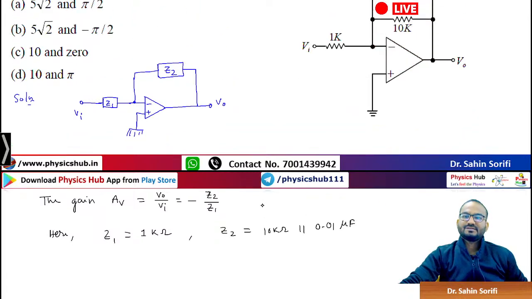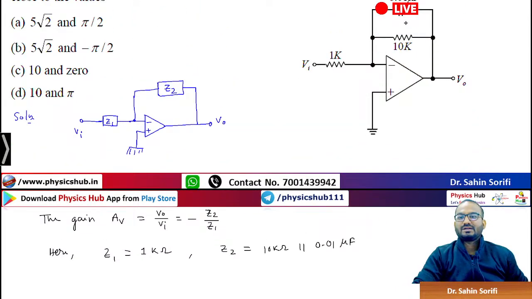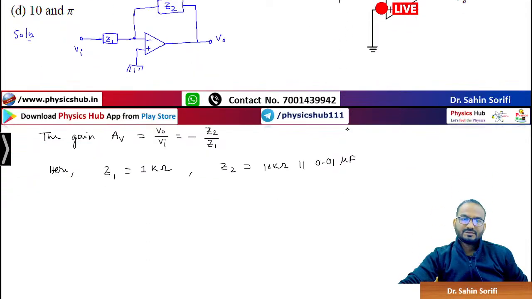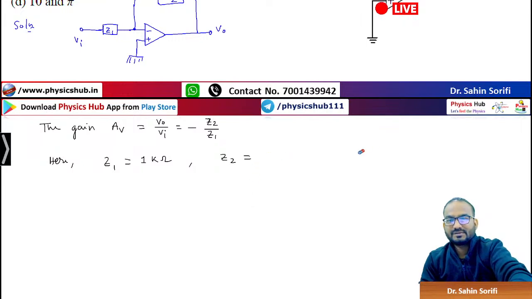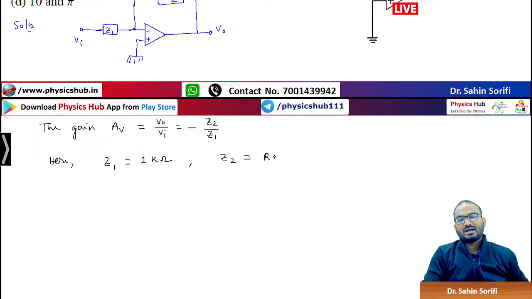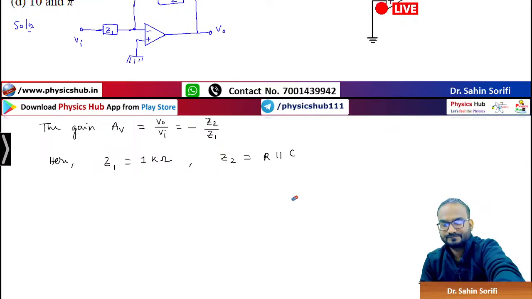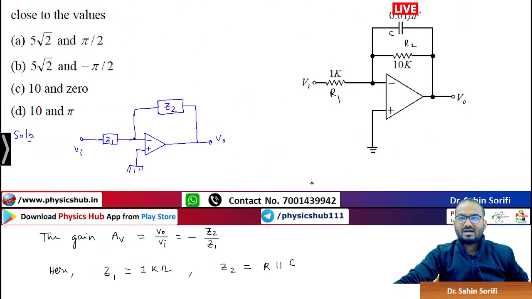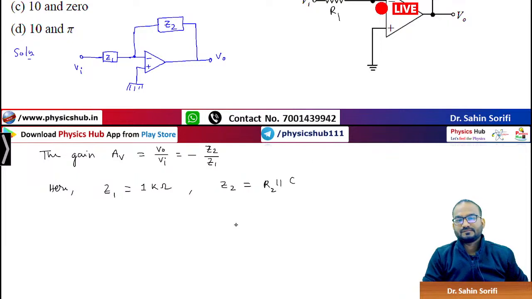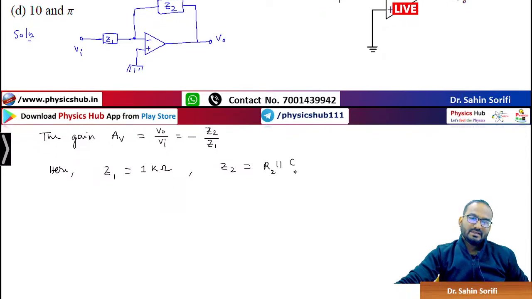So let's name this resistance R2 and the capacitor C. Instead of writing, which is inconvenient, Z2 is R2 parallel C. C is the capacitance, we need to give the reactance here.